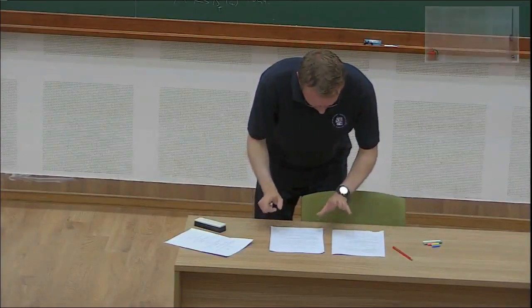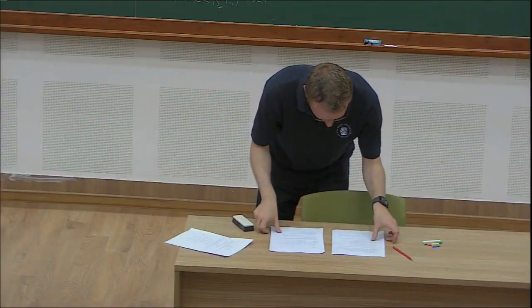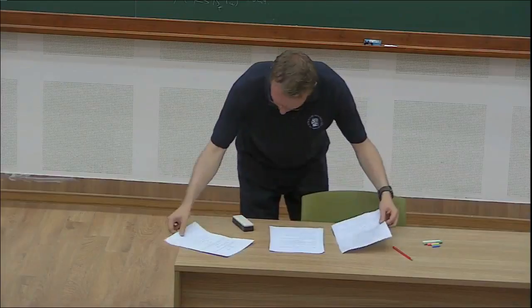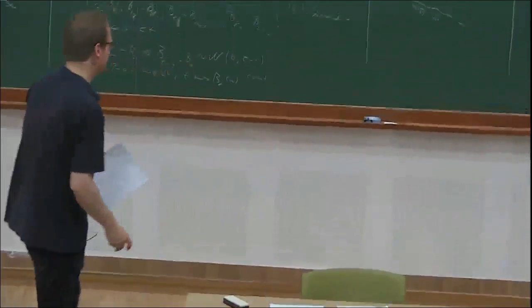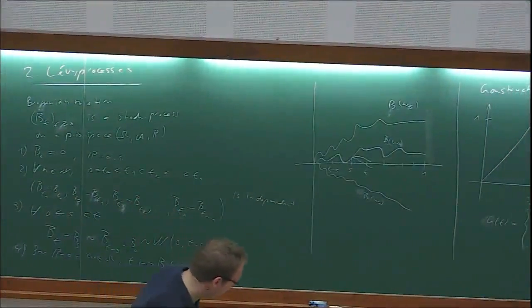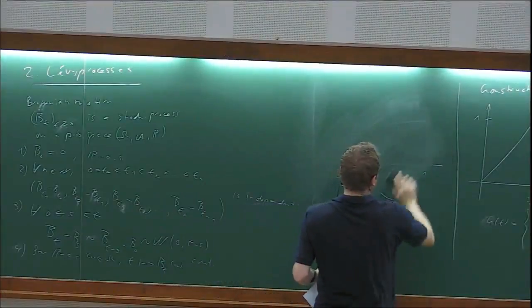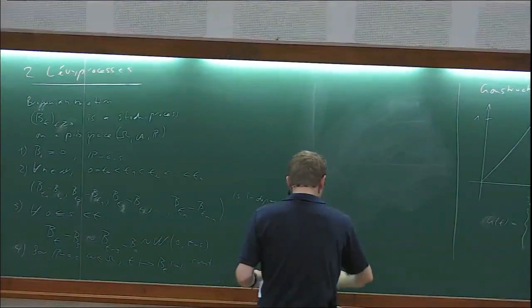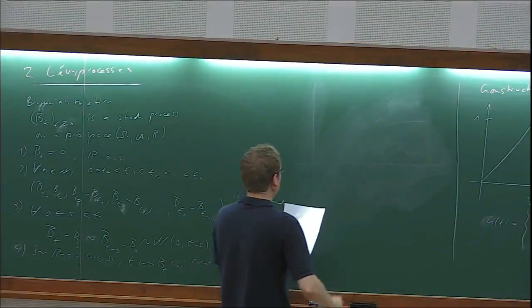Just maybe to sum up, what we have got out of this is a random sequence of functions, a series which converges. And actually this series does not only converge almost surely, but it converges also in L2. And for this, we can show that we have the following property.